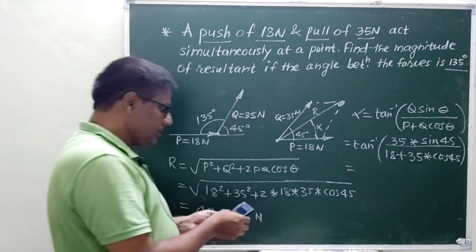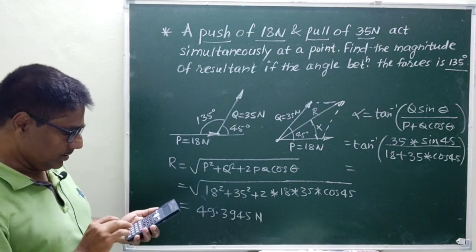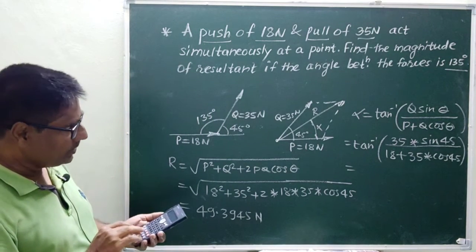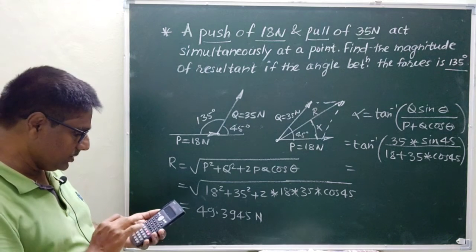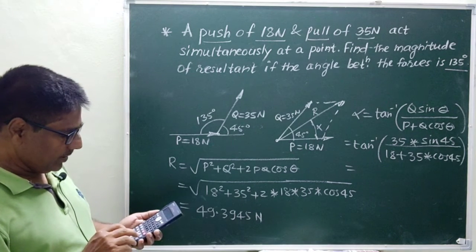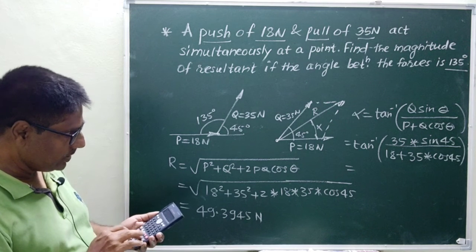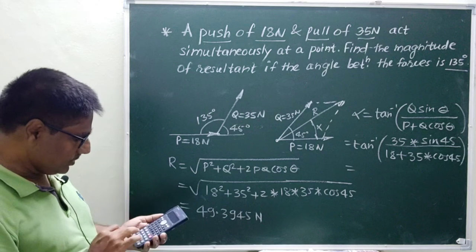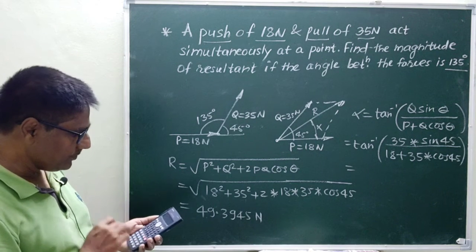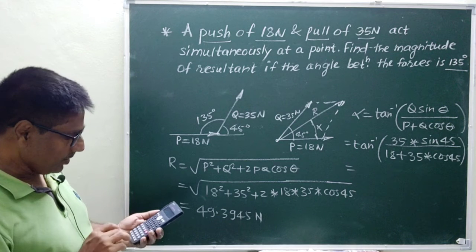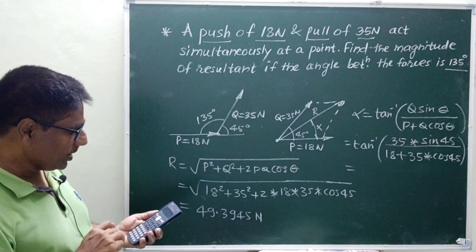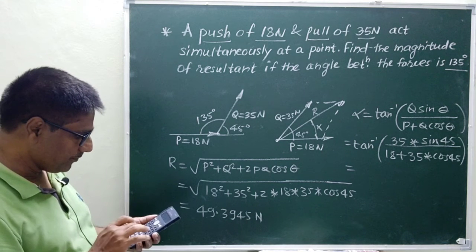Now let's find this angle. 35 into sin 45 is 0.707 divided by 18 plus 35 into cos 45 is again 0.707, is equal to inverse of tan.